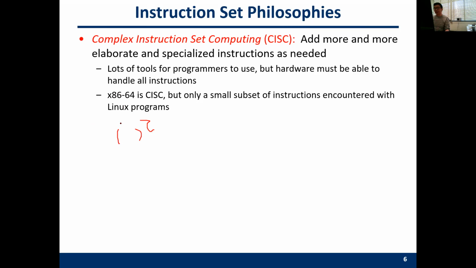The square function may be implemented by dedicated instructions. So from this point of view, the so-called CISC instruction set is very powerful because each instruction can implement very complicated or complex functions.